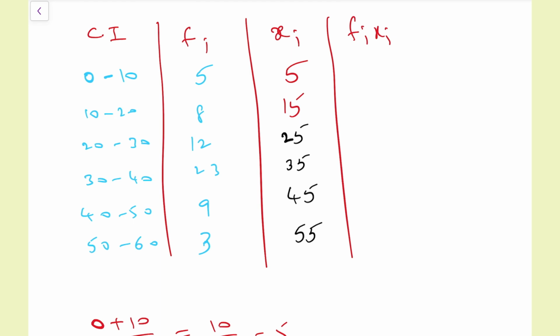Now our duty is finding fi xi values. So simply fi is nothing but the second column, xi is nothing but the third column. So if you multiply the second column and third column, we will get the fourth column, that is fi xi.